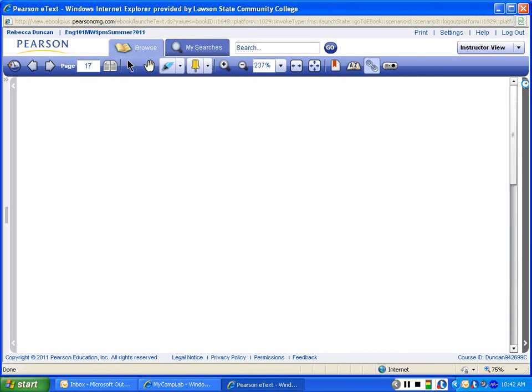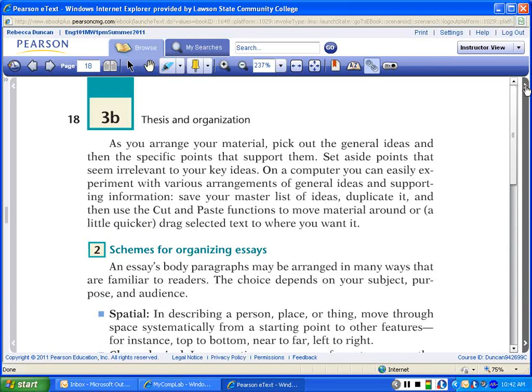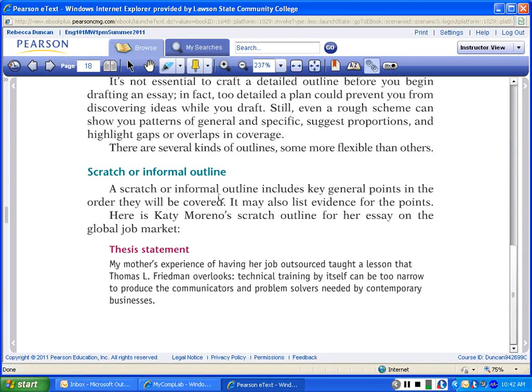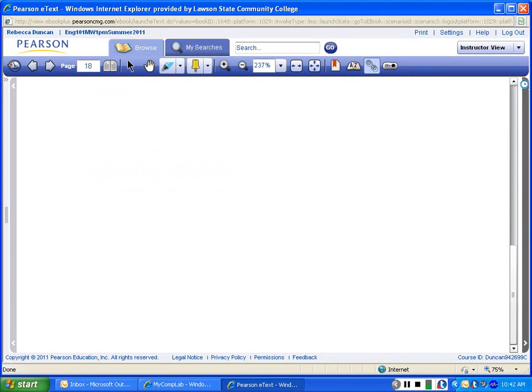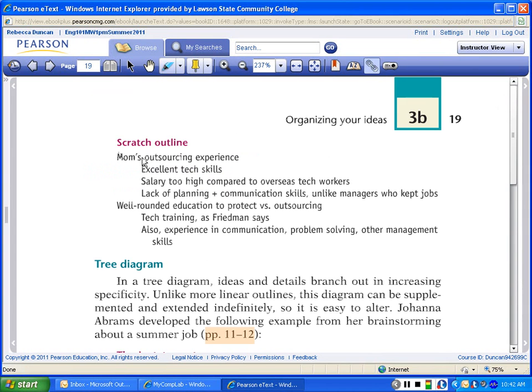There is a process that is explained in your book about how you get started, how you organize, how you work from some experiences into developing a thesis statement. And they have one here that they started with on a scratch outline. I call it pre-writing, but it looks pretty much the same. It's just this preliminary idea, and then you have a bullet outline.